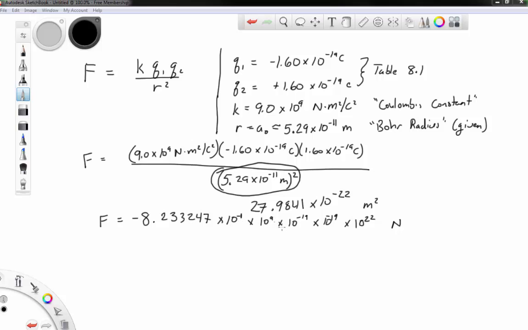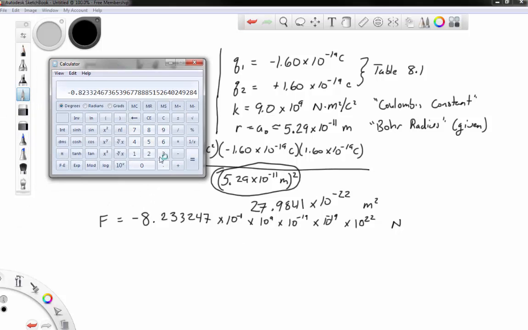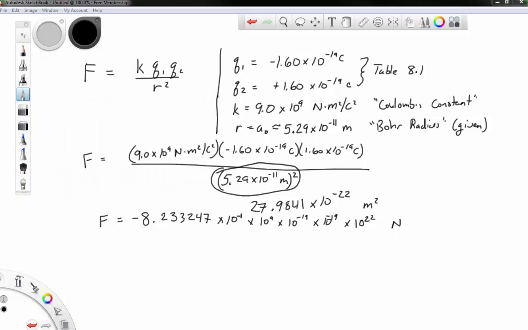Basically I have minus 1 plus 9 minus 19 minus 19 plus 22. So let's pull up the calculator again. Minus 1, plus 9, then minus 19, minus another 19, and then plus 22. So the total power of 10 is going to be negative 8.